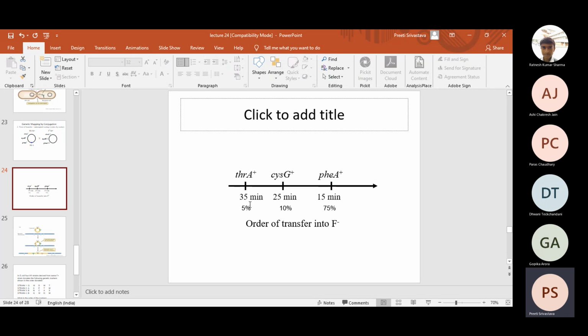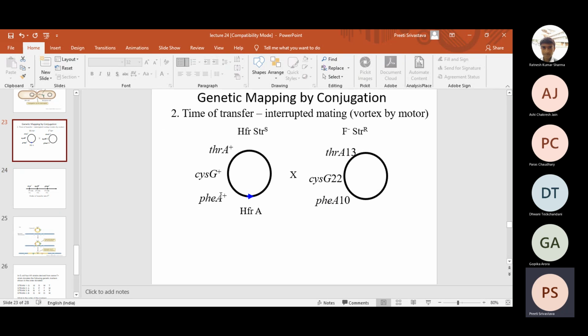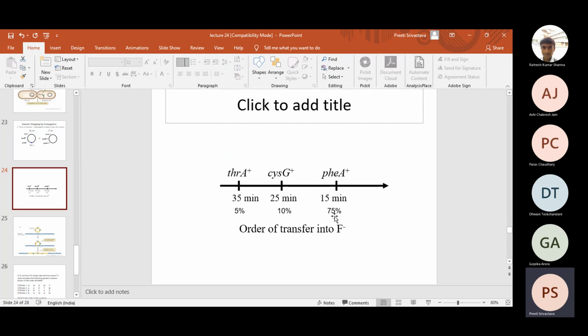In 15 minutes phenylalanine was transferred, in 25 minutes cysteine was transferred, in 35 minutes threonine was transferred. 75% of cells had phenylalanine, because this was the first marker which was transferred.